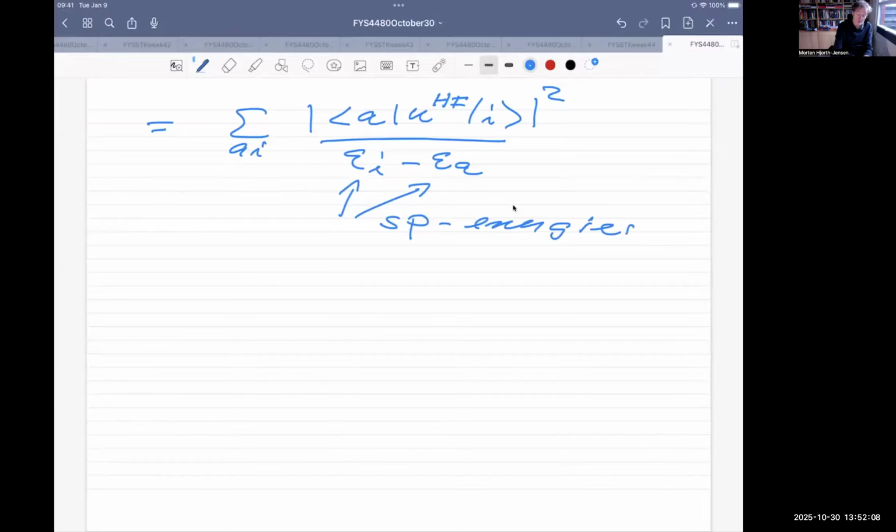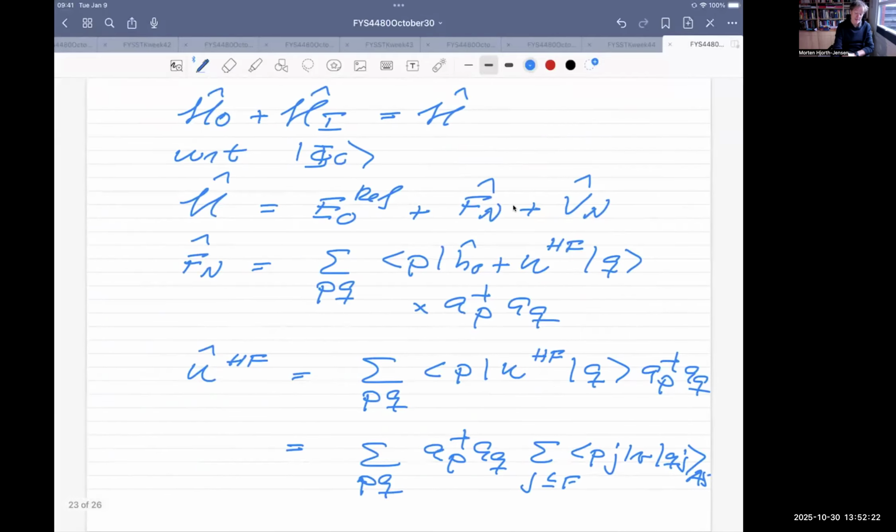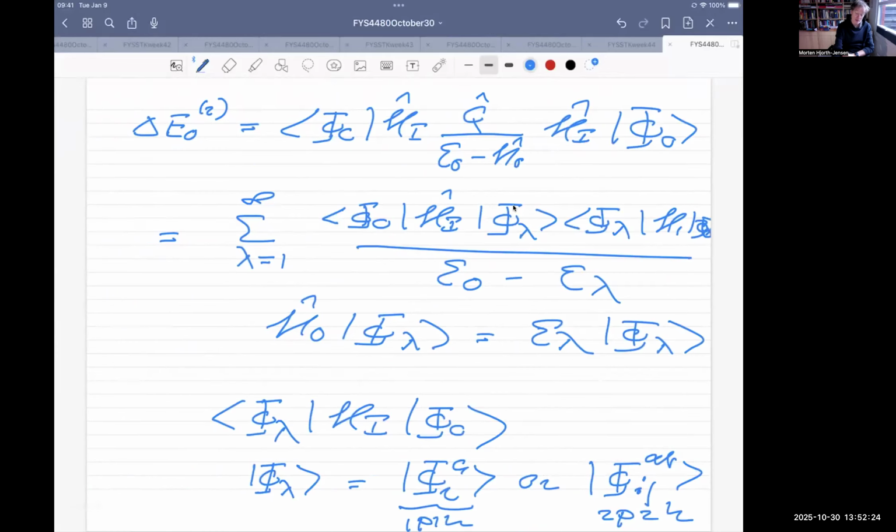So what I've done here is actually to go from a representation where I looked at many body states. So I just want to have you with me on this way of thinking. If you go back a little bit, so what we did here, if we look at the expressions, this is a many body state, this is a many body state.